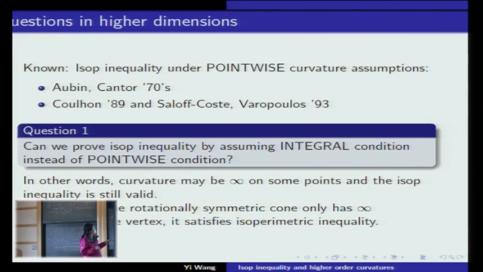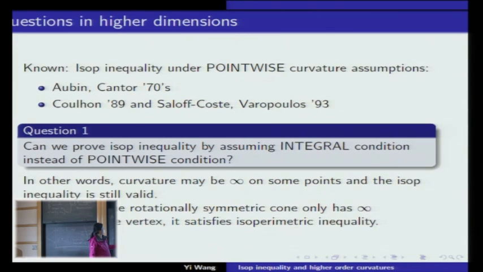So here are some works. For Aubin and Kanter's result, they assume the sectional curvature. And for the later ones, those results assume the Ricci curvature.